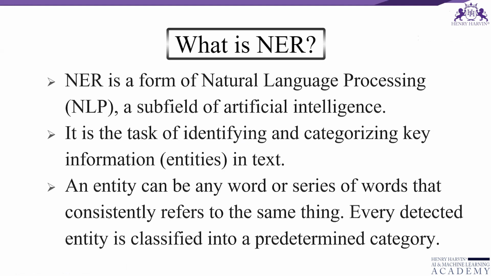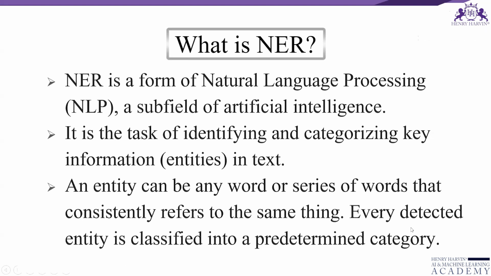That is why it is called named entities. This entity could be any word or any series of words that consistently refers to the same thing. So every detected entity is classified into a predetermined category.